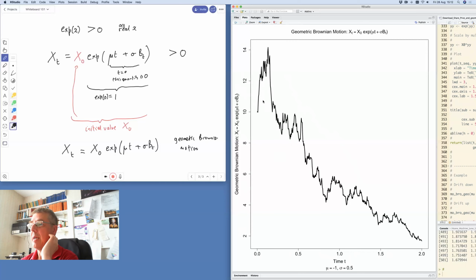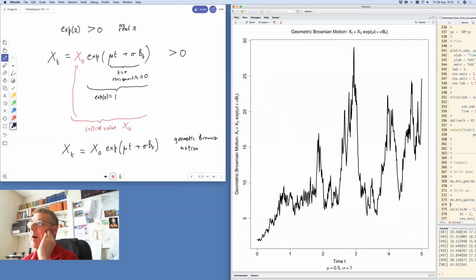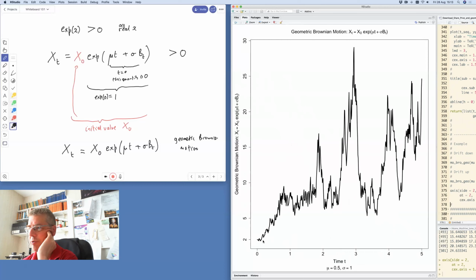But as I said, it's always positive. So there it takes values more or less greater than 2. It's always guaranteed to be positive. And if we look at another one, then we have another geometric Brownian motion that starts from the value 2, which I'll now show. There's the value 2, so it starts with the value of 2, x0 is 2, and then it wiggles around, and in this case, it is an increasing process.